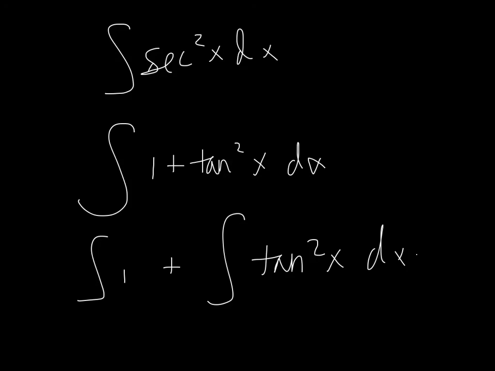And the integral of tangent squared is, I don't know, negative secant squared maybe? You have to look at that list. But I'm pretty sure some trig function has a derivative of tangent squared. So that's how you would do that one. Okay, hope that helps.